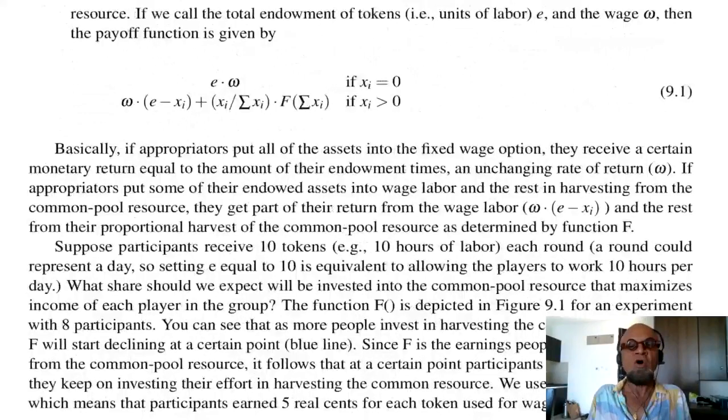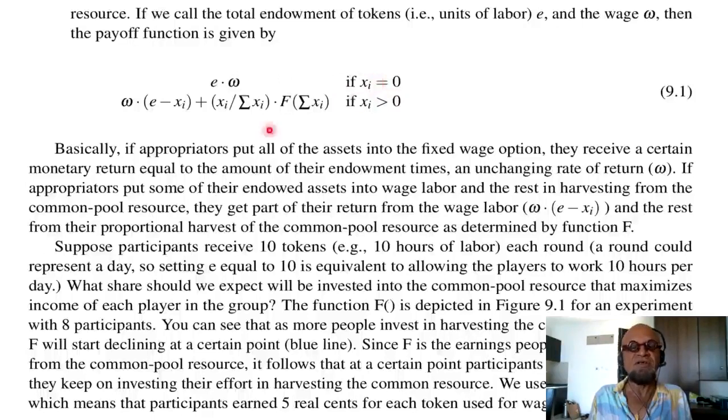If we call the total endowment of tokens, i.e. units of labor, E, and the wage omega, or W in this case, then the payoff function is given by your wage times the time you spend. So if you don't do any common pool harvesting, then you're just working and getting wages. So your x_i, or the time you put into harvesting the common pool resource, is 0.